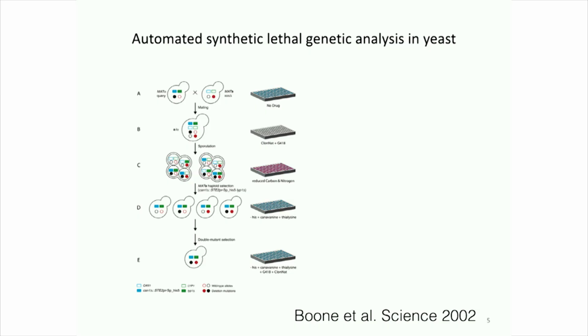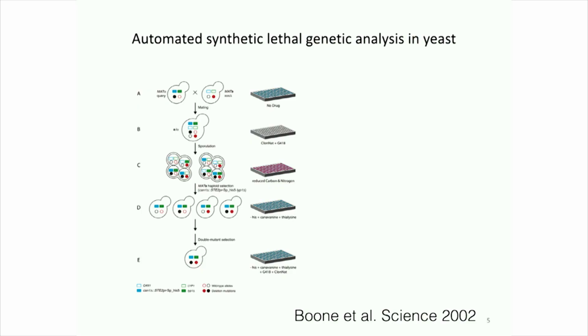And through some very clever selection strategies, which I'm happy to talk about offline but I don't think are really important for this discussion, it was possible in a systematic way to select only those double mutants that had gone through this process of mating and sporulating.